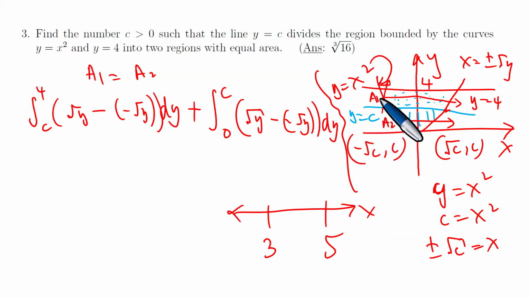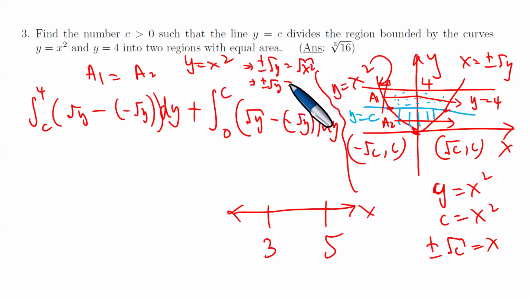This one here is negative x, because if y is x squared, we want x equals plus or minus the square root of y. So we integrate and find the area.